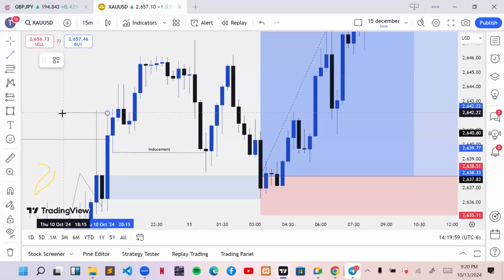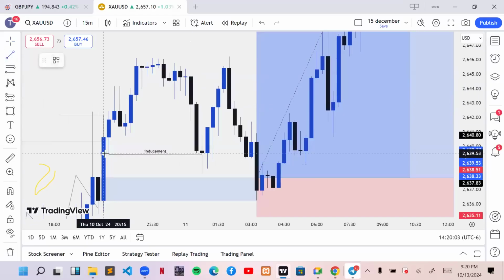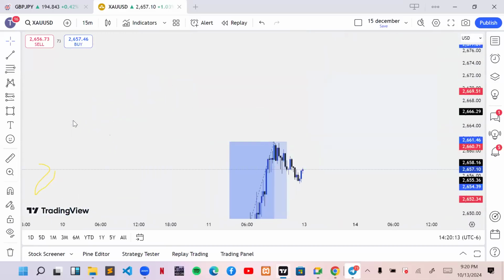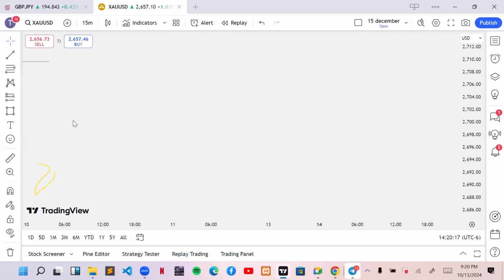This pullback pushed above here and still continued pushing markets up. Market actually broke past this last move. It's more than 50%. Pay attention to what I said in the diagram: either 50%, equal to 50%, above 50%, or more than 100%. It just has to push market close to that zone.